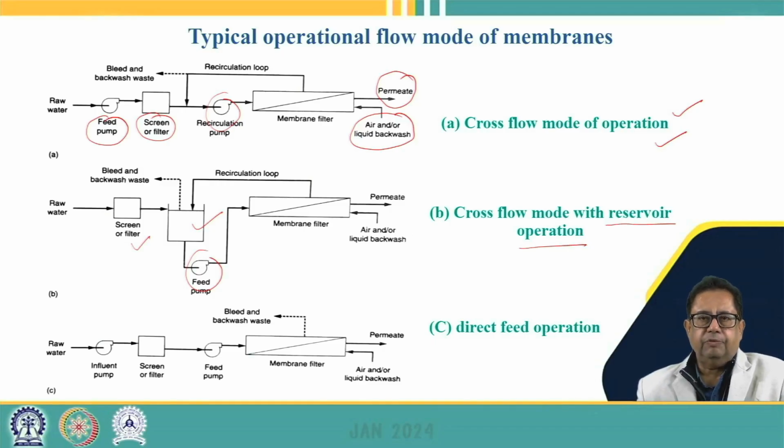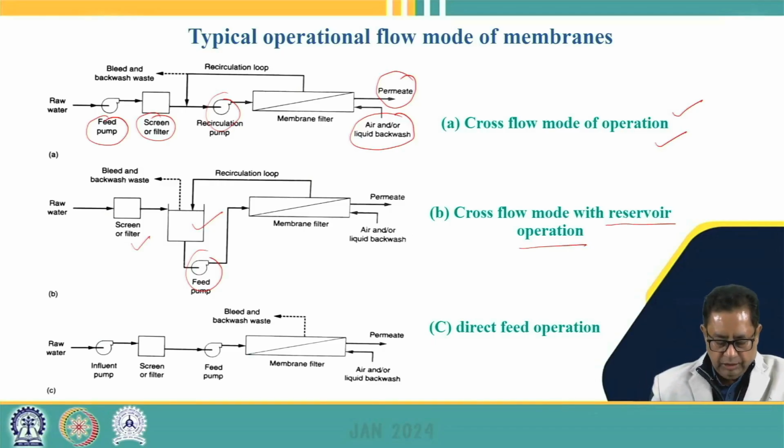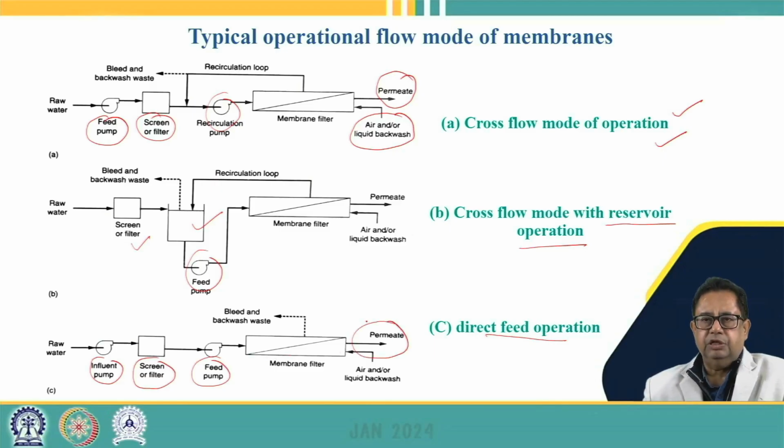This is the second type of configuration that we have talked about. Similarly, we can have the third type of configuration where direct feed operation takes place. Here the influent pump passes water through the screen or filter, and we have a feed pump here also which again applies it to the membrane, and the permeate goes out of the system. Here there is no recirculation because it is a direct feed operation.